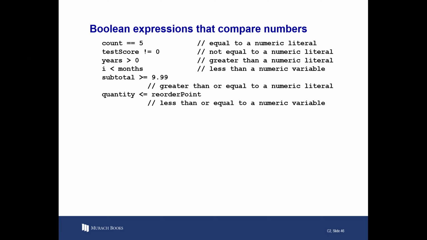For instance, when I say that if the count value is double equals to 5, then in that case, the condition is true. If the count value is not equal to 5, then the condition becomes false. So always the result is a specific condition that you write.